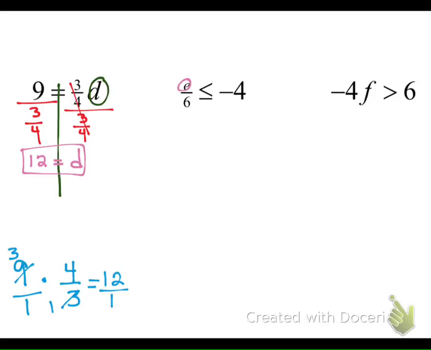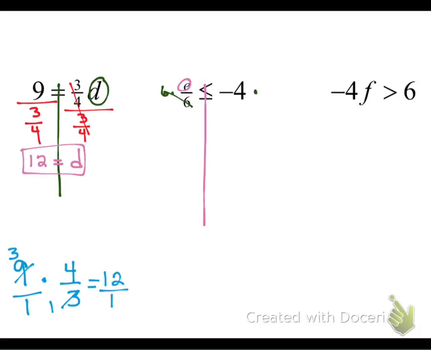So I'm still going to circle my variable. I'm still going to draw my line of equality. So now I need to get the variable here by itself. How do I get this e by itself? Yeah, I'm going to multiply it by 6. Now, is this 6 a positive or negative number? Positive. So because it's a positive, am I going to have to worry about flipping this inequality sign? No. So good. So we're going to cancel that.